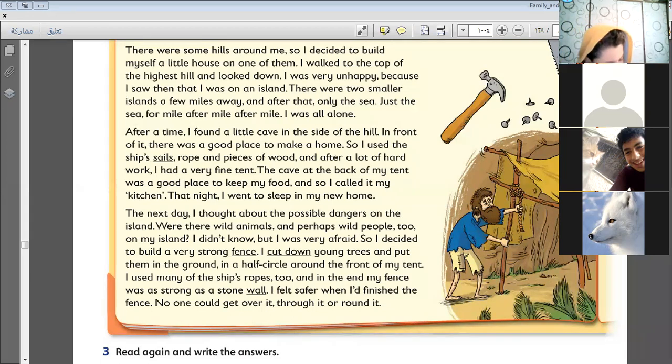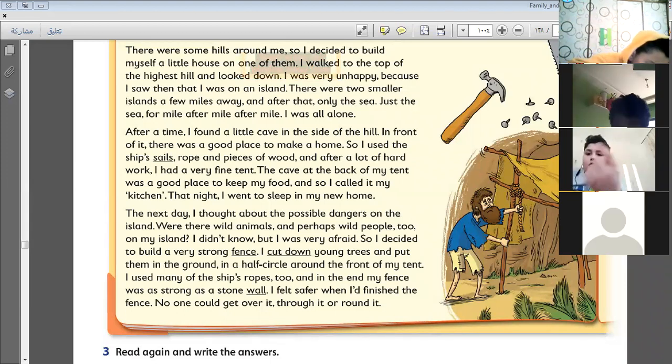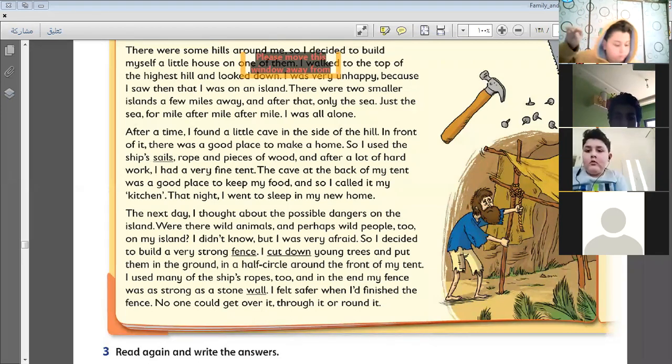I know. Okay. Number 2. Was he the only survivor from the ship? Yes, he was. Excellent. Yes, he was. So number 2, yes, he was. Short answers. Thank you very much.